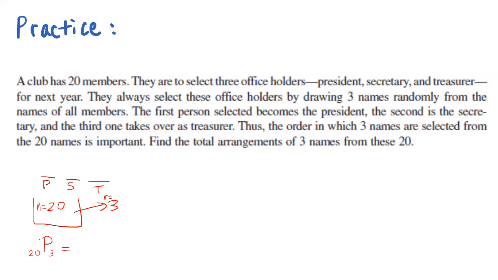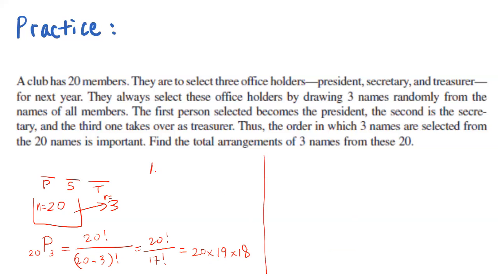Remember that the formula for PNR is n factorial over n minus r factorial, right? So that means 20 factorial over 17 factorial, which is 20 by 19 by 18, right? Okay, so this is method 1.